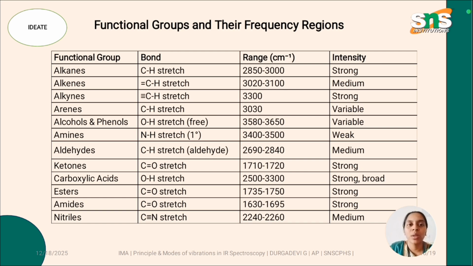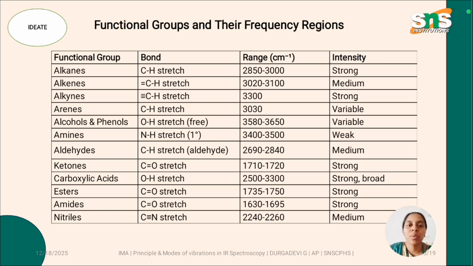Aldehydes also have CH stretch from 2690 to 2840. The ketones have C double bond O stretch, and the absorption is from 1710 to 1720. The carboxylic acids, that is the COOH group, have OH stretch, that is the hydroxy stretch, and the wave number is from 2500 to 3300 centimeter inverse.